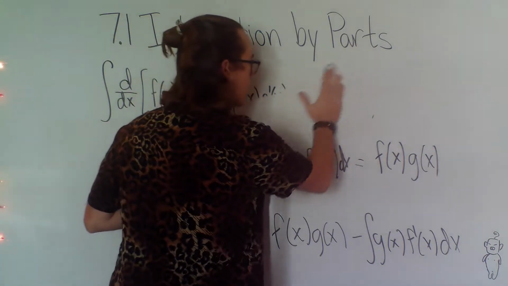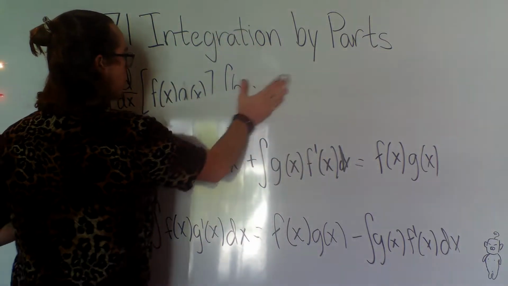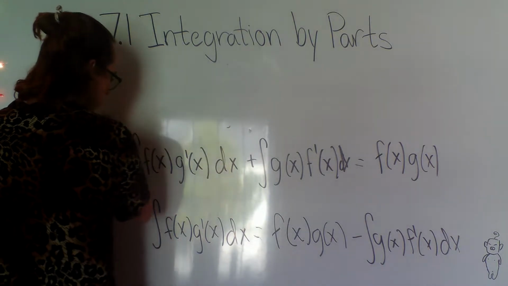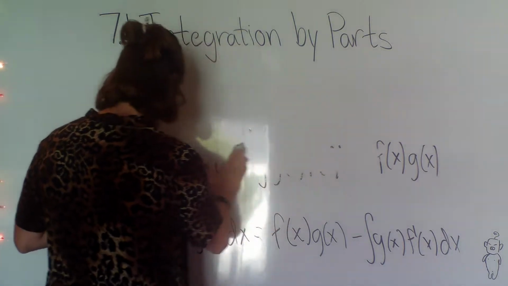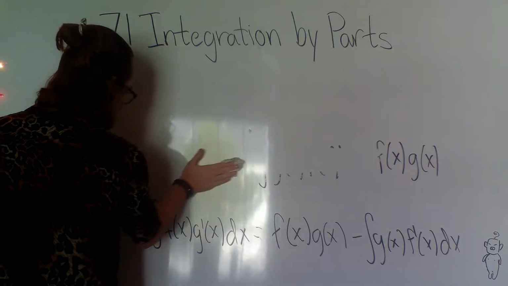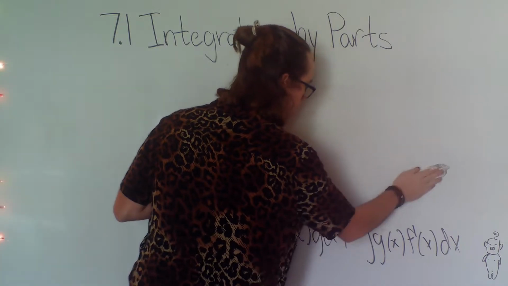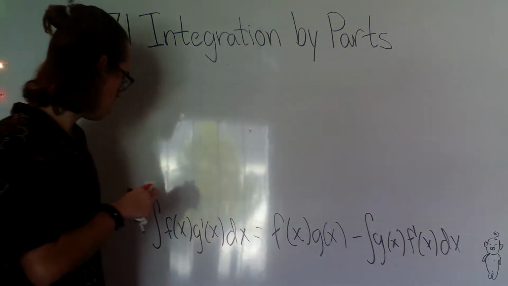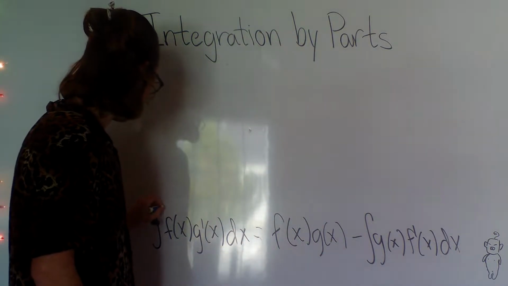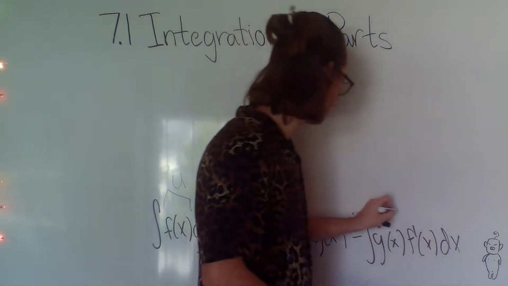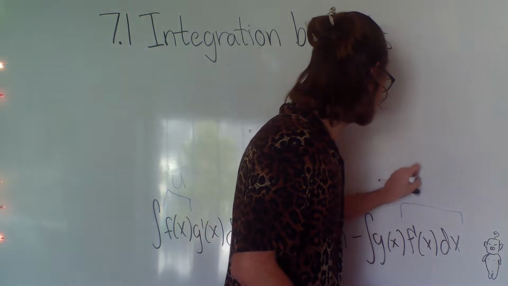What we can actually do is a u and v substitution, where we take u equal to f(x), which means du is equal to f'(x) dx. So we could take f(x) and turn that into u, and f'(x) dx would be du.